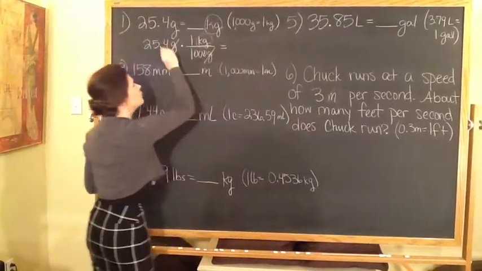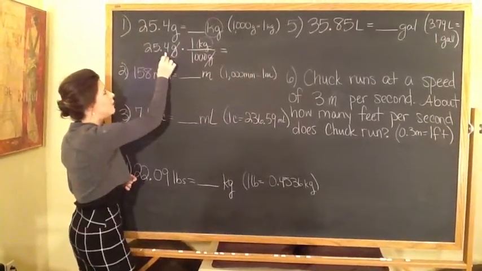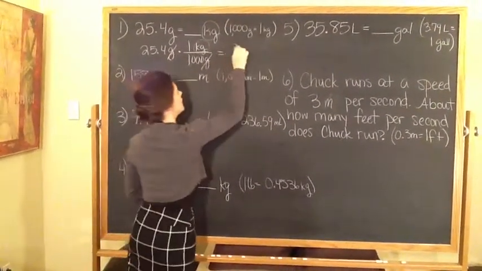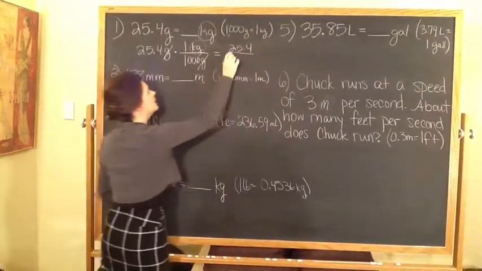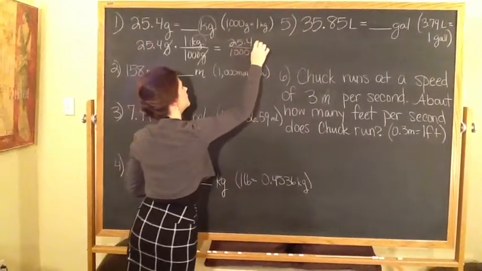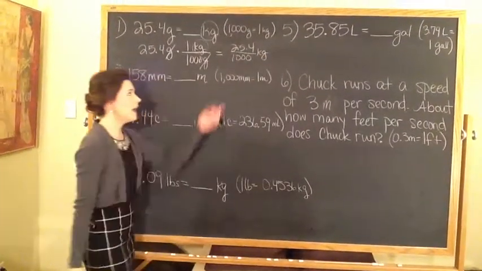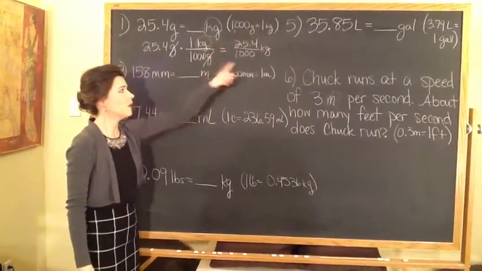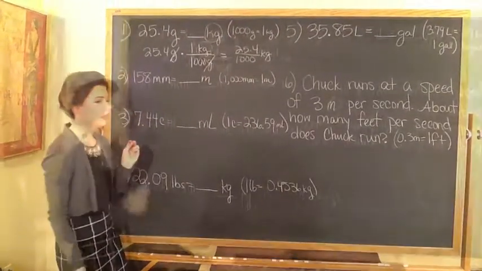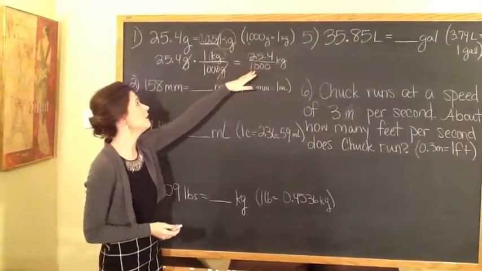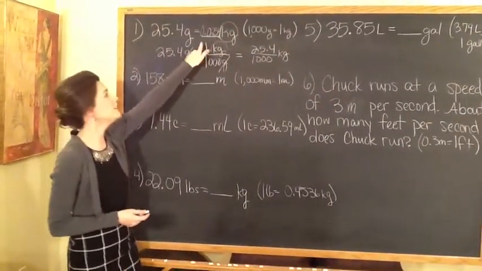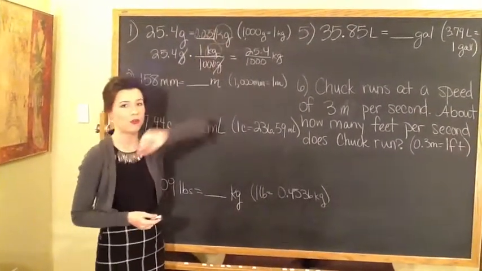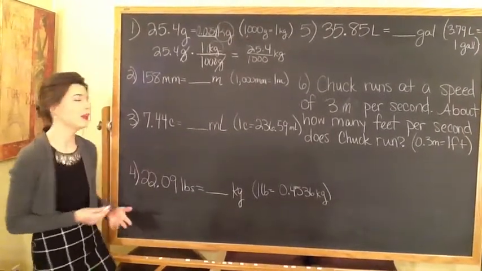Then you multiply across. 25.4 times 1 gives you 25.4, with 1,000 in the denominator, and the unit is kilograms. So we divide 25.4 by 1,000. That moves the decimal place 3 places to the left, and you're left with 0.0254. That is how many kilograms we have.